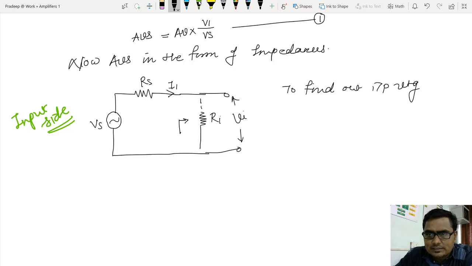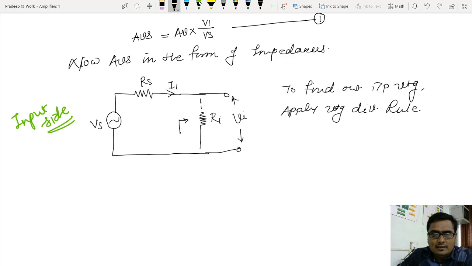What do you call this, potential divider rule or voltage division rule? Okay, it's the voltage division rule. Apply the voltage division rule.